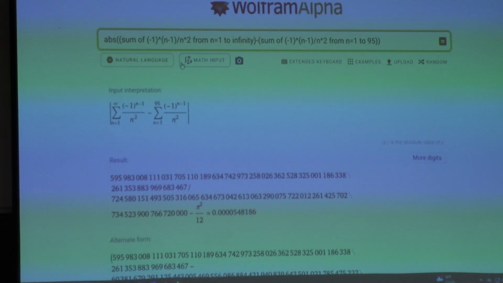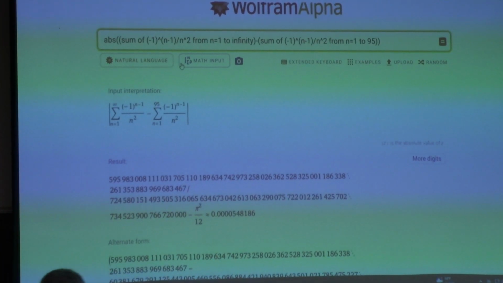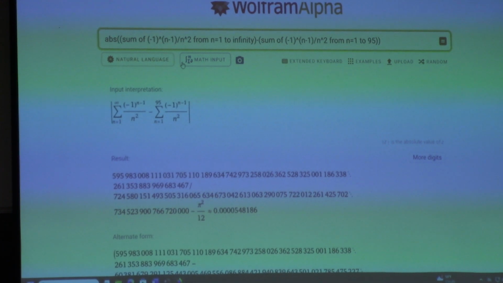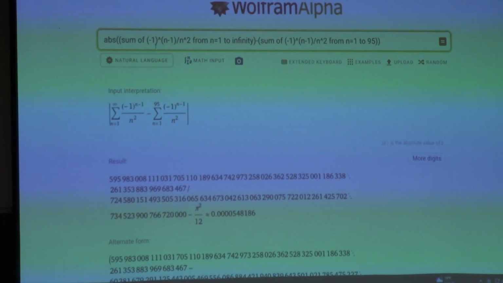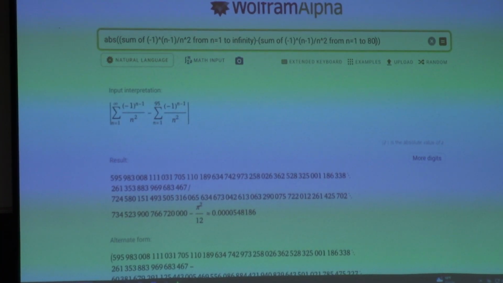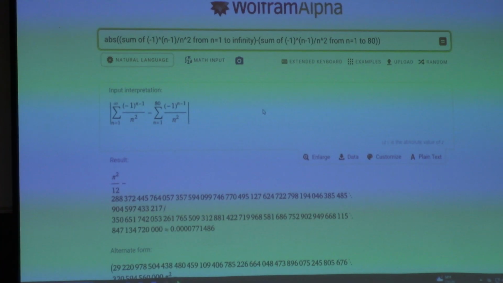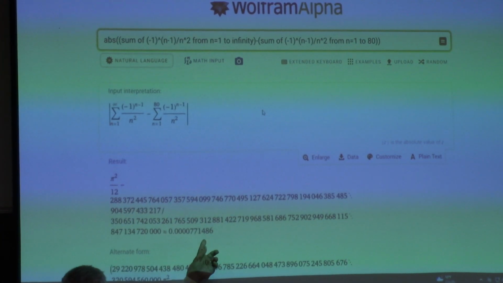If I use only 95 terms, the error is still less than 0.0001. Let's get crazy here. Let's go all the way down to 80 maybe. Well, even 80 terms would have been good enough.